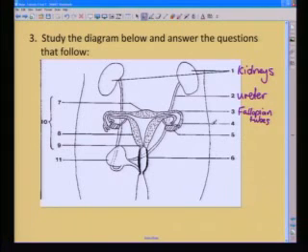And 4 is the infundibulum, the entrance to the fallopian tube. All right, 5 is our little ovary. 6 is the vagina.